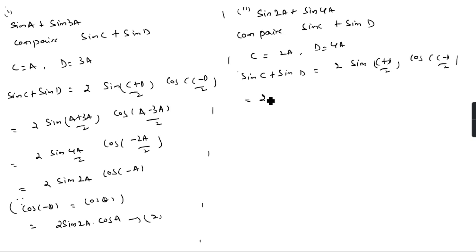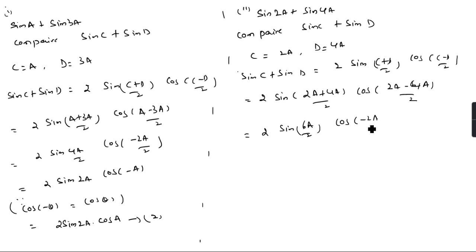So therefore it is nothing but 2 sin of (C plus D) by 2, that is, with C value equal to 2A and D value equal to 4A, by 2, and cos of (2A minus 4A) by 2. So we get that 2 sin of 6A by 2 cos of minus 2A by 2.